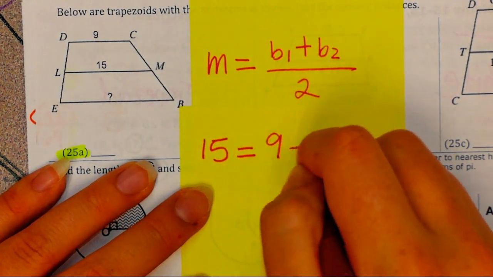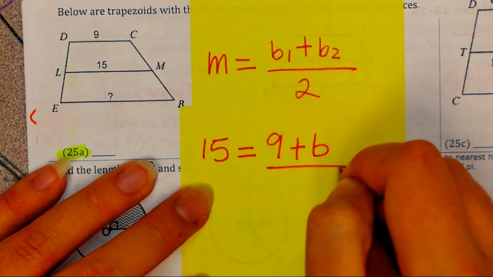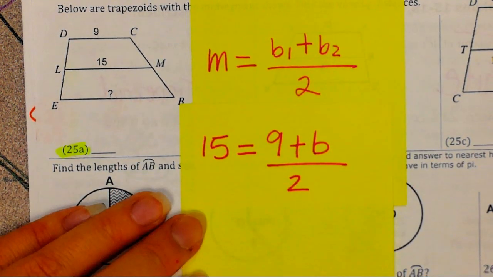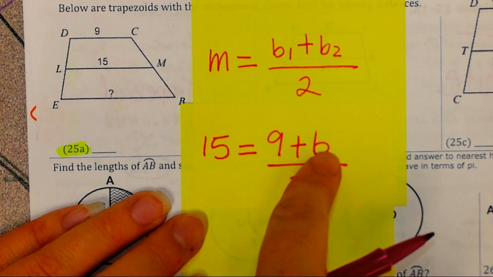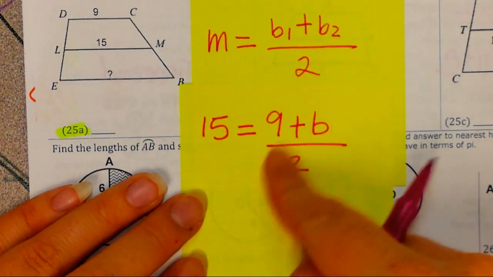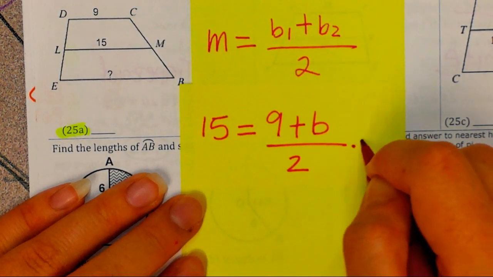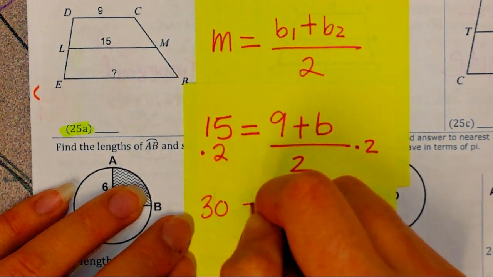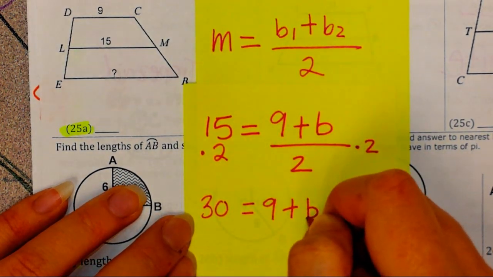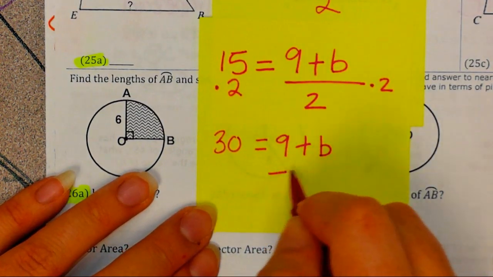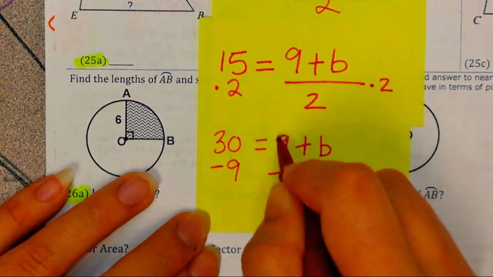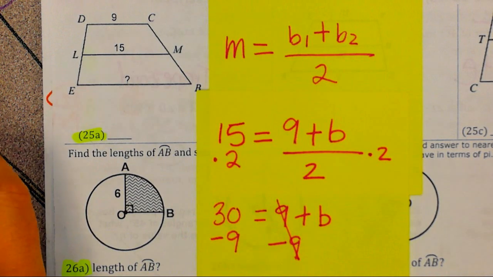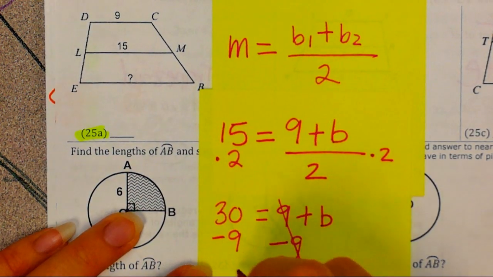That's equal to 9 plus our other base divided by 2. Now I can just solve this for my other base. If I'm dividing here, then first thing I would do is multiply by 2. 15 times 2 is 30. It's equal to 9 plus b. And then just subtract 9. Those cancel. 30 minus 9 is 21.